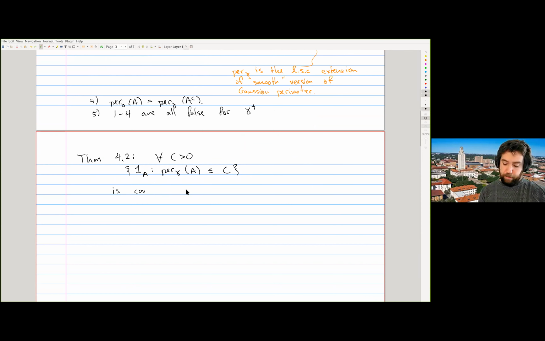Let's say, I think of this as a subset of L1 functions. Okay, so it's a compact set of functions.